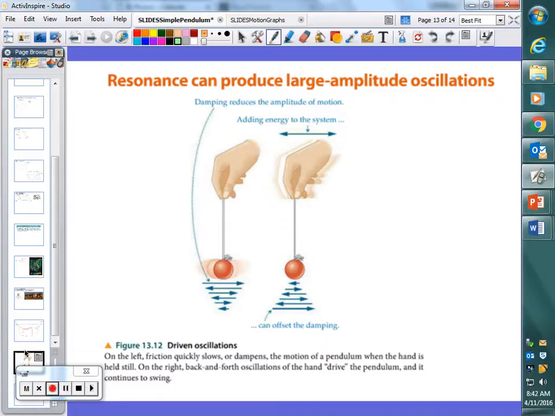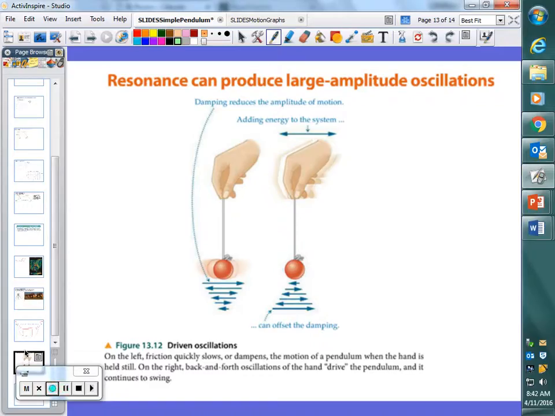So this is moving much slower now than it was when it was taking those big swings. And as a result, the amount of time that it takes to go back and forth remains exactly the same. So the period doesn't depend on the amplitude, right?